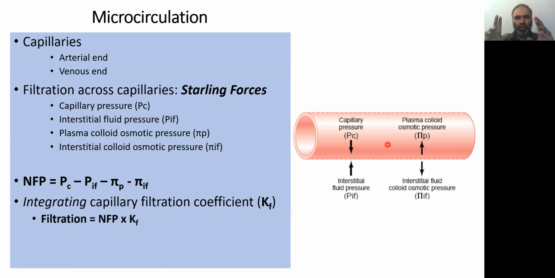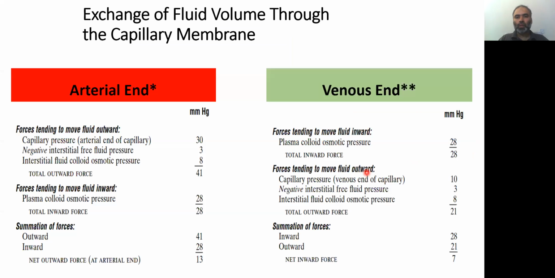You can imagine that some of the fluid would remain in the interstitium, because the force pushing it outward has a higher value than the force pushing it back in. So the net fluid will be trapped inside the interstitium. For now, just imagine that it's taken away by lymphatics, so you do not have accumulation of fluid here. This calculation, by the way, is asked in an exam, so try to remember it.